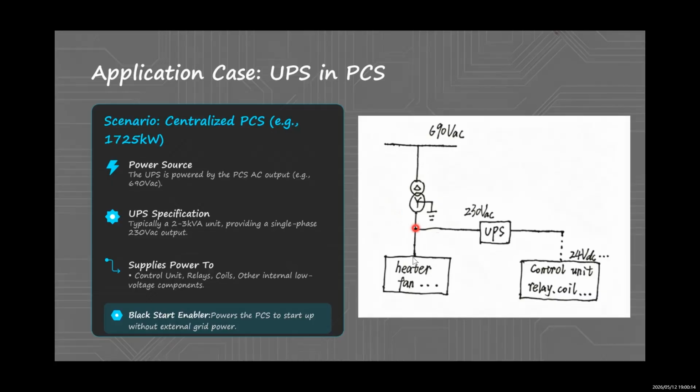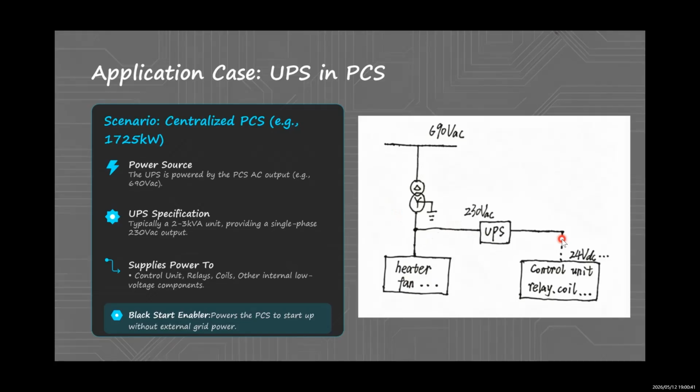This is the first power flow, providing power to the heater and fans. Another power flow goes through a UPS to provide clean and critical power supply to critical loads, for example the relay and control units.